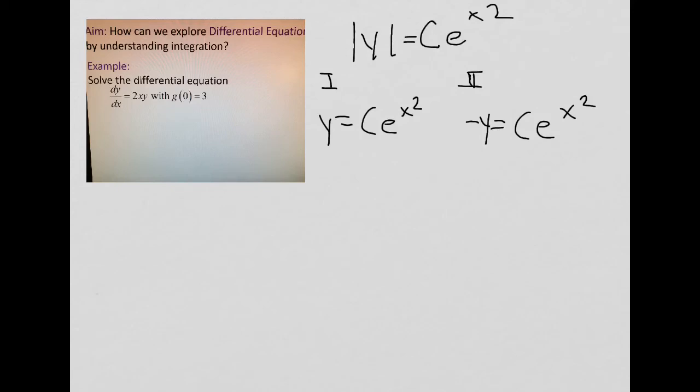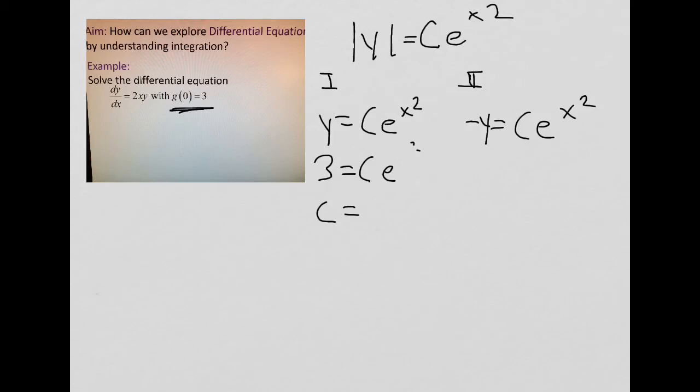So at this point, I want to plug in x equals 0 and y equals 3. And I'm going to do that for both. But before I do, let me just finish one side. It would be helpful if I didn't write 3 twice.